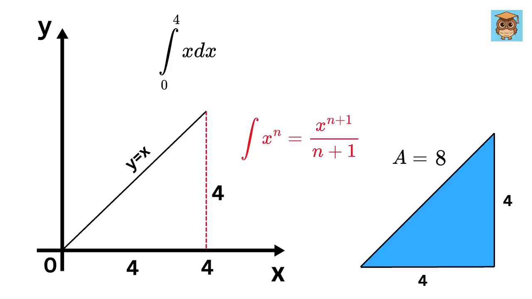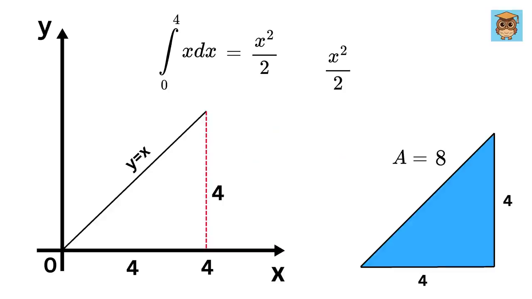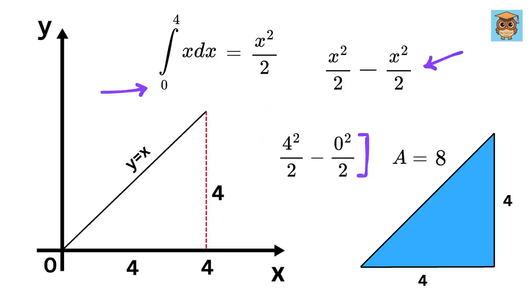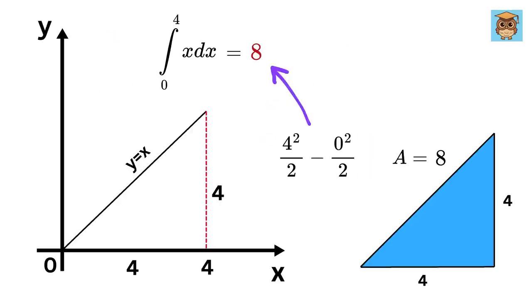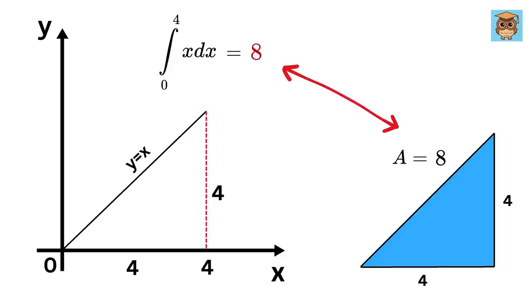We get this is same as x raised to 1. So the value will be x raised to 1 plus 1 over 1 plus 1, or x squared over 2. Now write it as x squared over 2 minus x squared over 2, and put x as 4 here, and x as 0 here. This will give us 16 over 2, or 8, which is the same as what we get using the formula for the area of the right triangle.